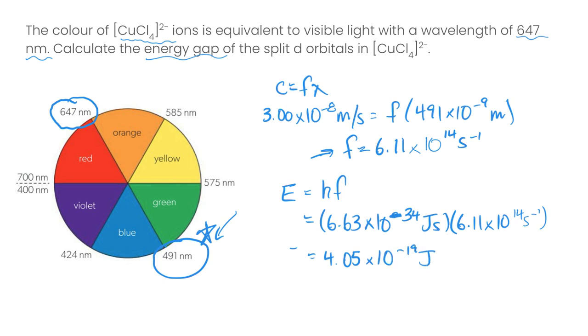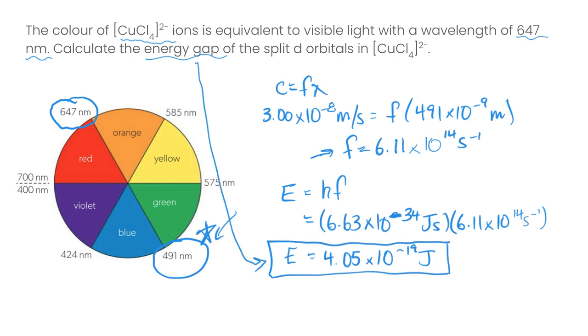We can just leave it in joules here, that's fine. So it's going to take 4.05 times 10 to the negative 19 joules of energy to promote those electrons to that higher set of d orbitals. So this is our energy gap here.